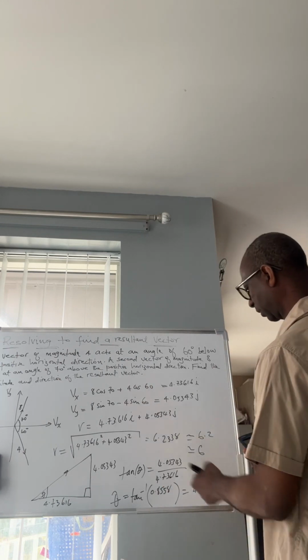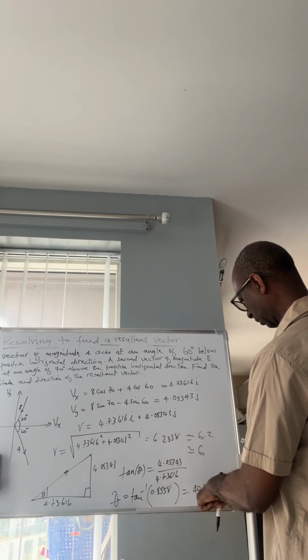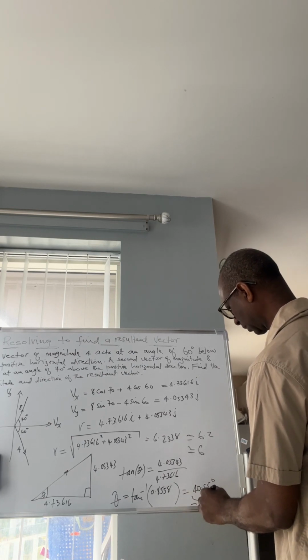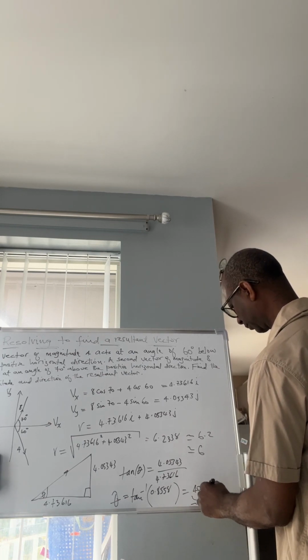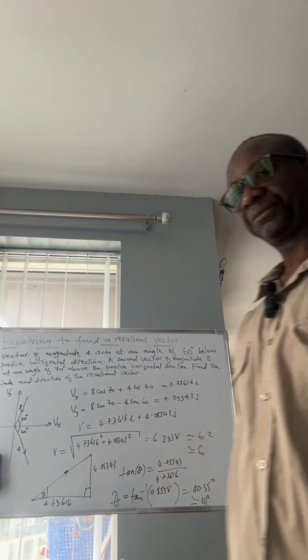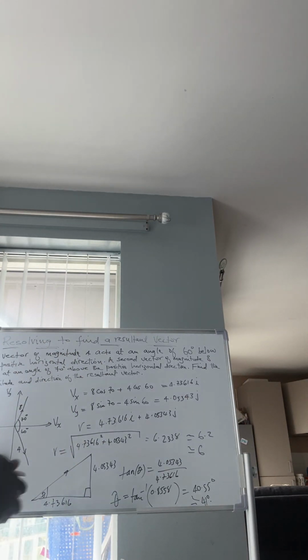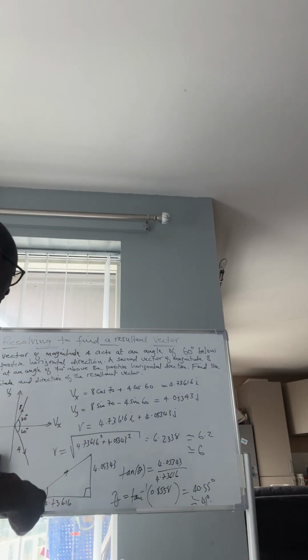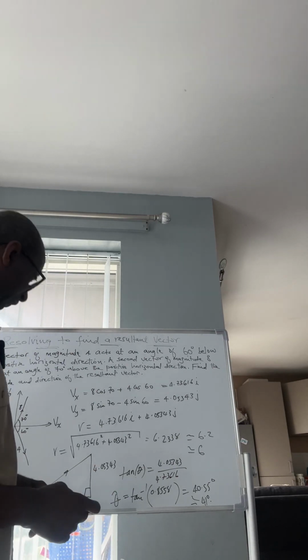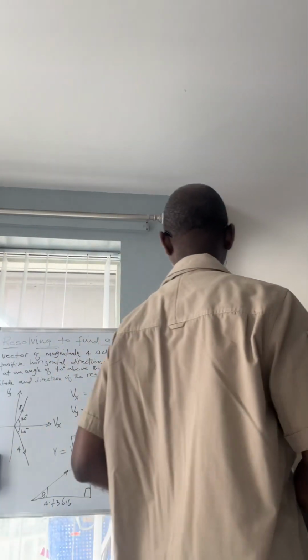So since we are working to the nearest degree, I assume it's about 41 degrees. So that's what we got. The direction of the resultant force is 41 degrees, and the magnitude of the resultant force is 6. I hope this helps.